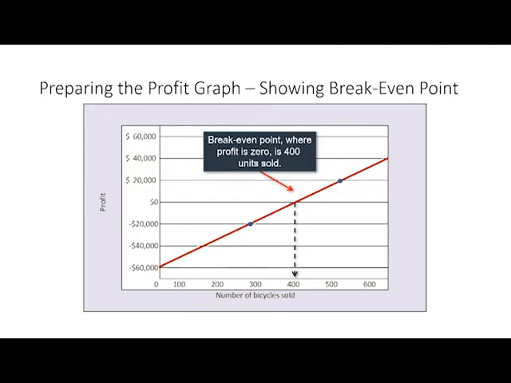So profit is 0 here, and this will be the break-even point. When the profit earned is 200, it means that above this line the company will not have a loss, but will earn a gain.